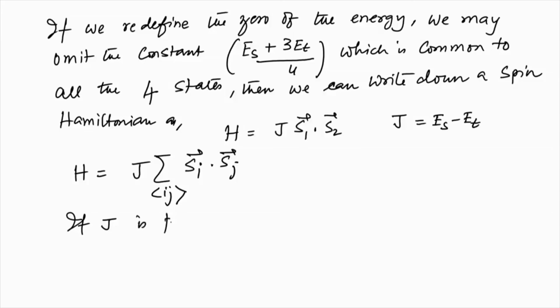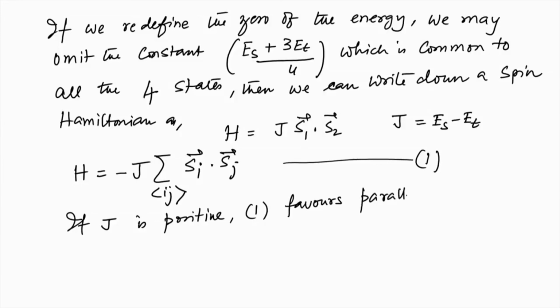So, if J is positive, in this particular model, in this Hamiltonian given by 1, we can write it with a minus sign, putting a minus sign from outside, then this favors parallel arrangement of spins, and which are essential for ferromagnetism.